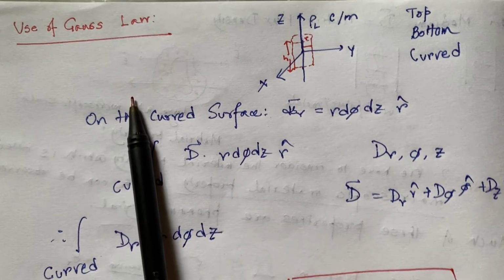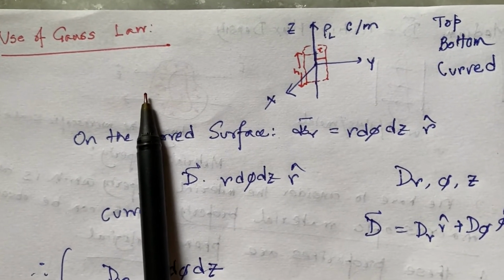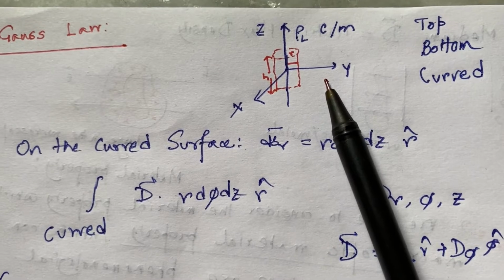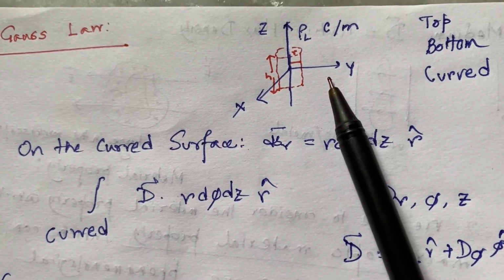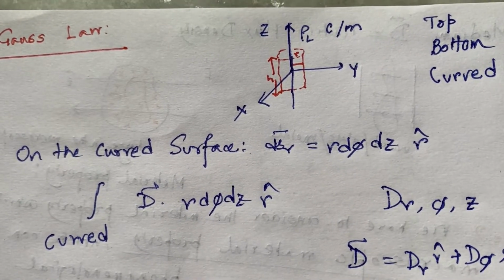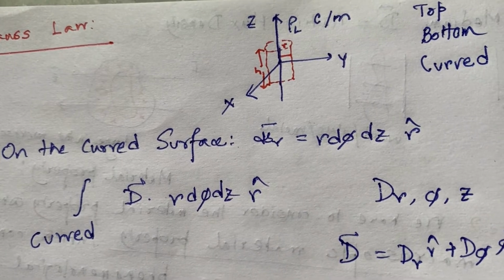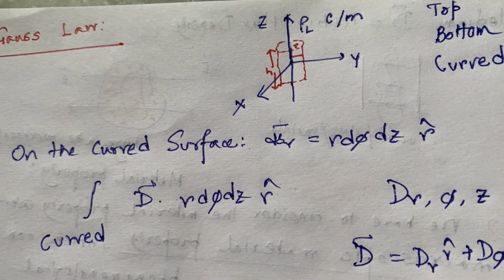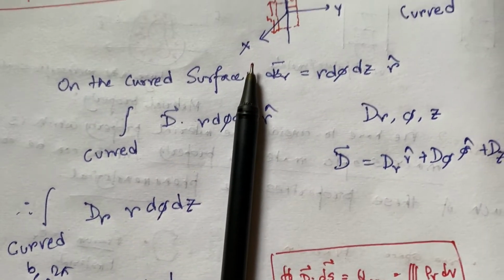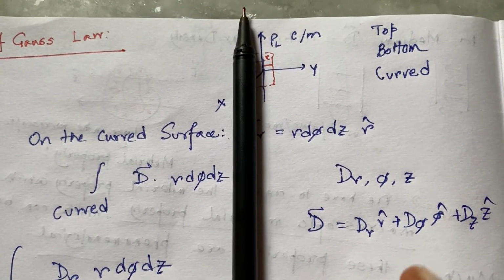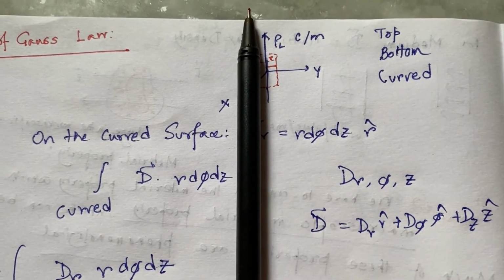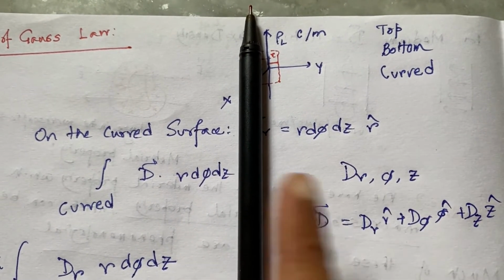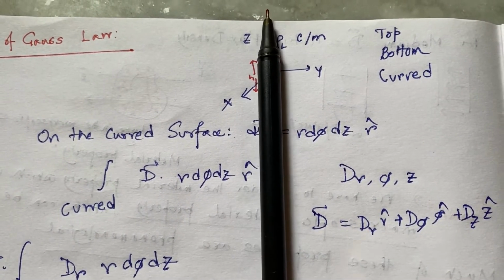Let's see the usage of Gaussian law for a line charge distribution. Line charge distribution is something which we have already seen in video number 9, titled Transformation of Coordinates, and there we exploited the symmetry in case of line charge distribution. Suppose this is my line charge, an infinite line charge distributed along the z-axis.